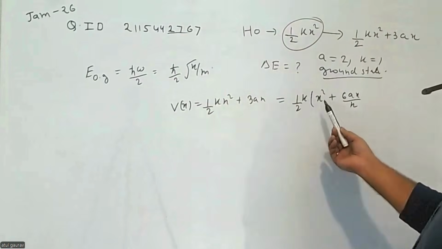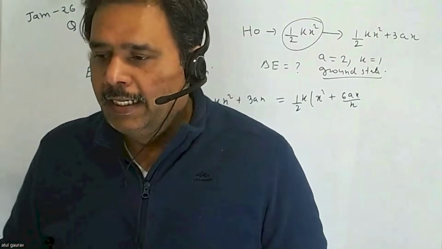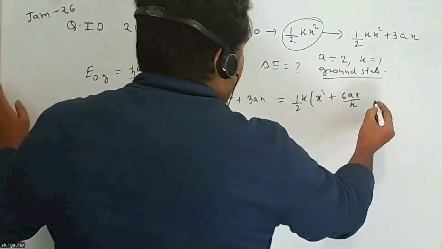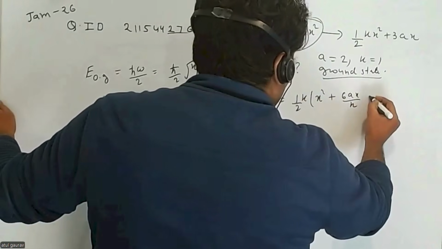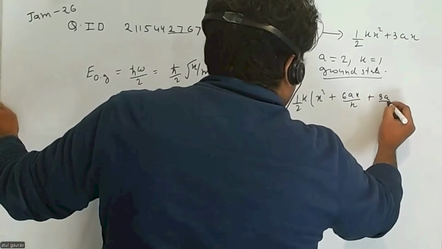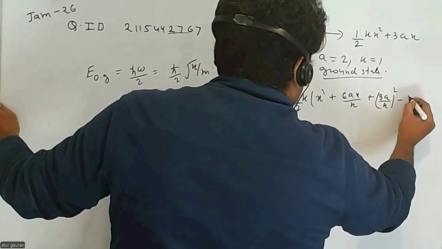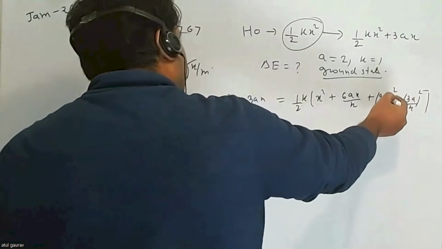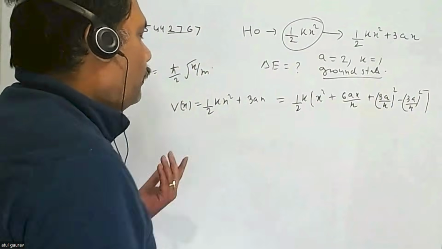So you can have a square plus 2ab, and then we will add plus b square and minus b square. So 2ab equals 6ax by k, so b is 3a by k: plus 3a by k whole square minus 3a by k whole square. Obviously, if we add it, then we have to subtract it as well.